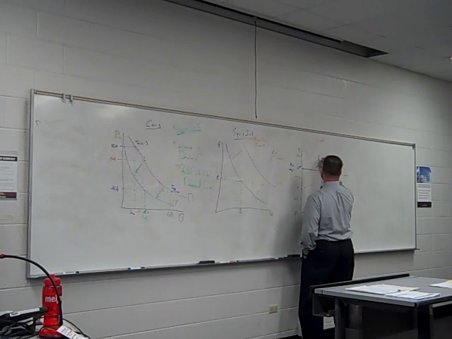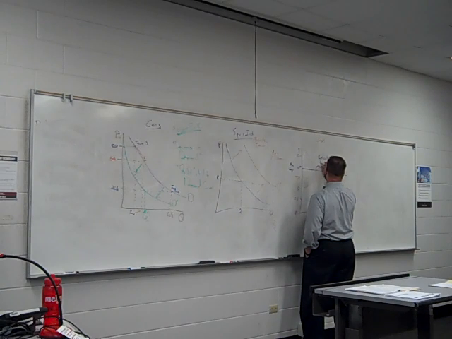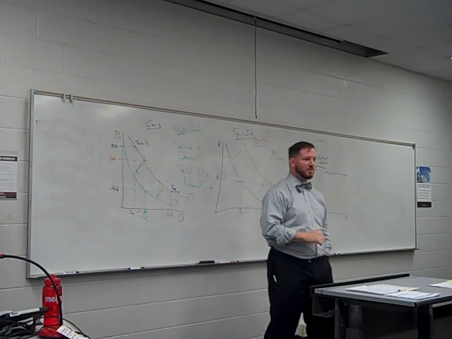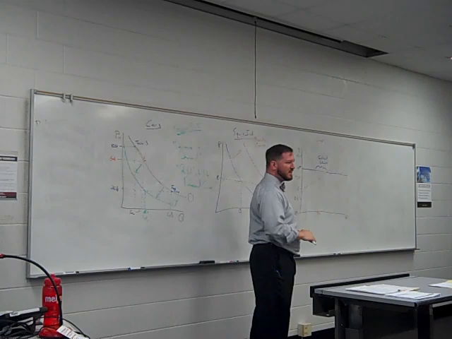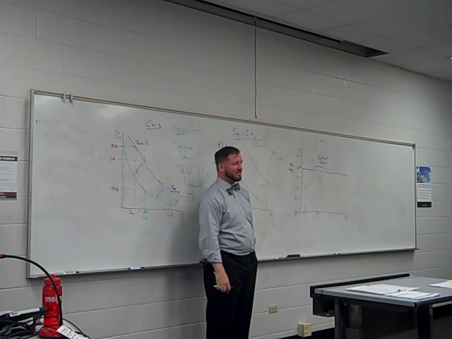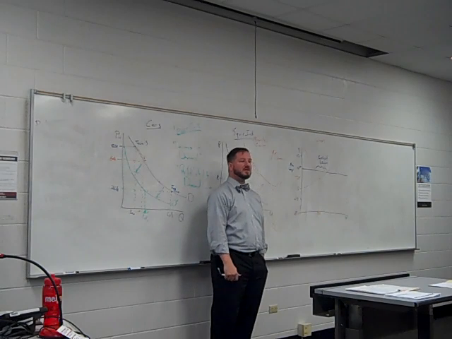Unemployed. There's a surplus of laborers. There are people out there who want to and are willing to work and cannot find that job. A surplus of laborers. It just so happens that in labor, when we have this, we call it unemployment.